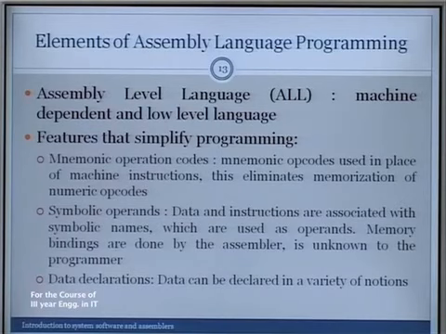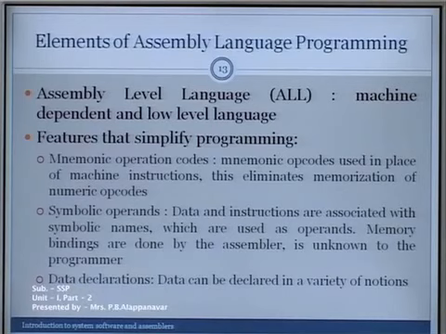It need not be according to the architecture of the machine or the machine instruction set of the underlying machine. It can be in a variety of notations, and it is the job of the assembler to perform the required conversion. Whatever format is required, that format is actually converted by the assembler itself.